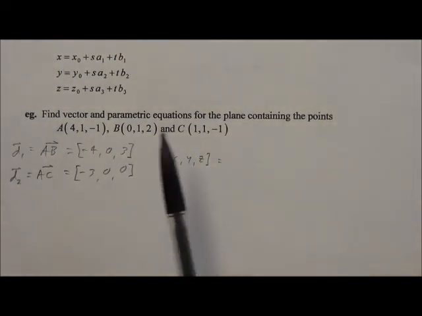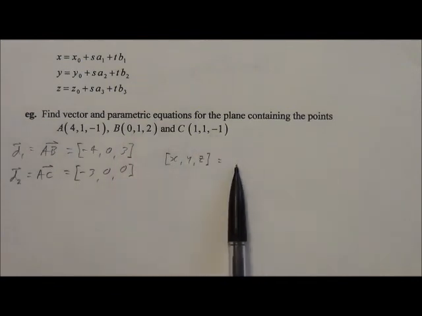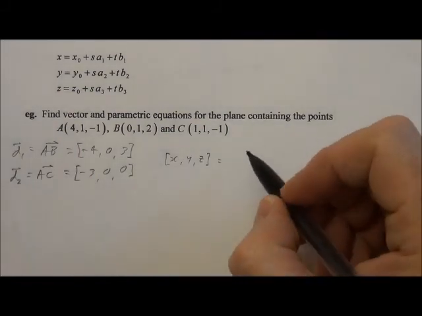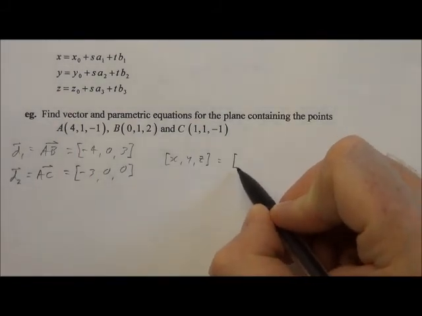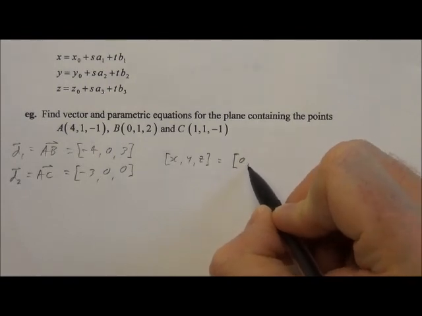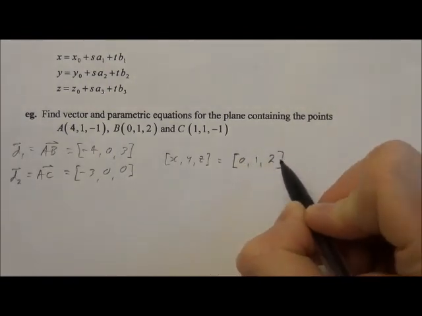Well, I need to include one of these 3 points so I can state a specific point on the plane. So let's use B, for example. So we'll say the position vector would be pointing to 0, 1, and 2.